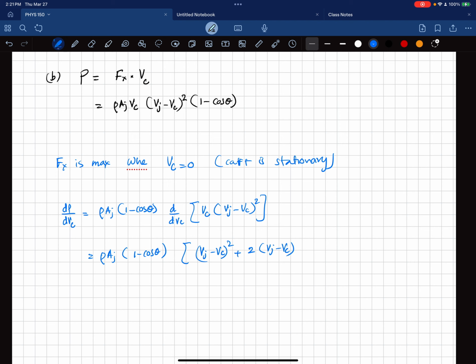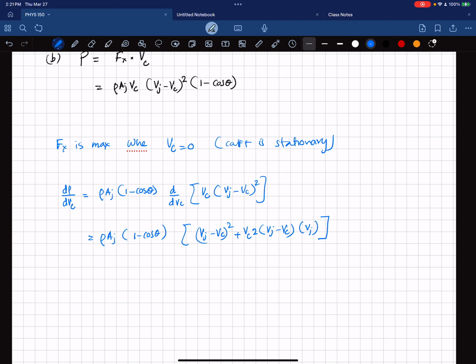and then it's equal to, I take Vc out here, and then 2 times Vj minus Vc and negative 1, right? And then we have rho Aj 1 minus cosine theta. You can take out Vj minus Vc.